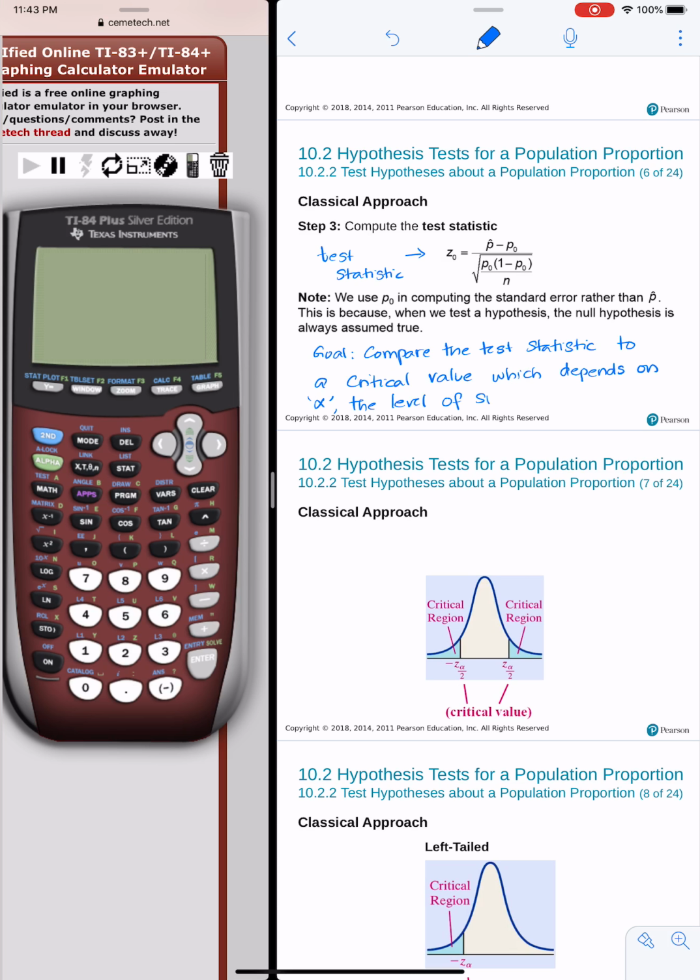In other words, the maximum probability of type 1 error that we are willing to tolerate.